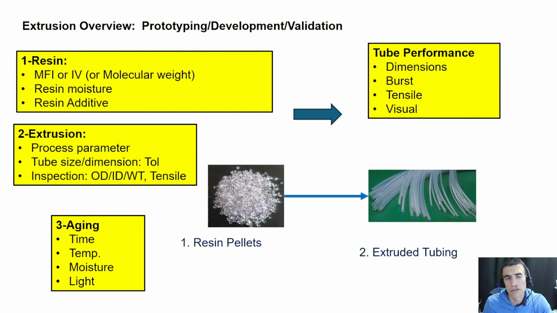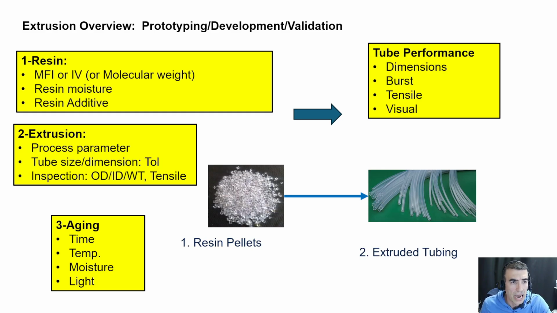How are you going to inspect for OD, for ID, wall thickness, and tensile testing for measuring the mechanical properties, to make sure that the material has the integrity and the strength that you need for your final product.